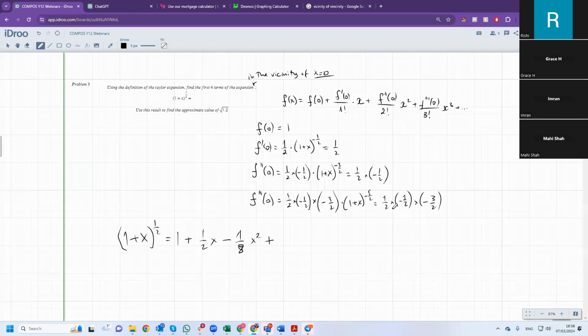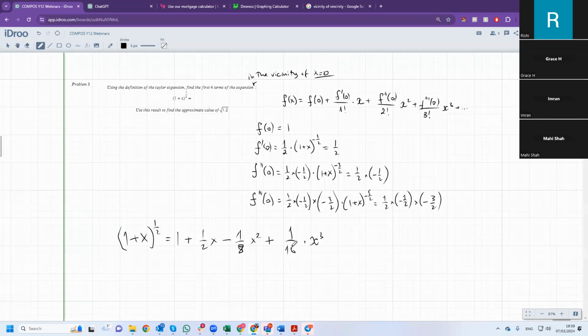So that's going to be 3/8 over 6. 3/8 divided by 6 multiplied by x cubed. So that's 2, 3, 16. So 1/16.